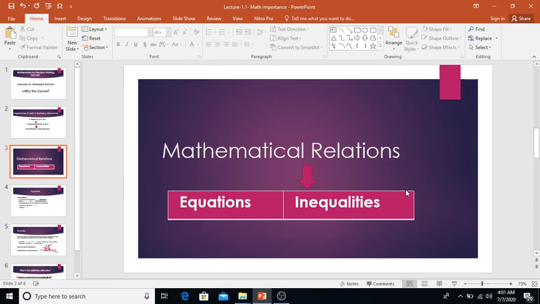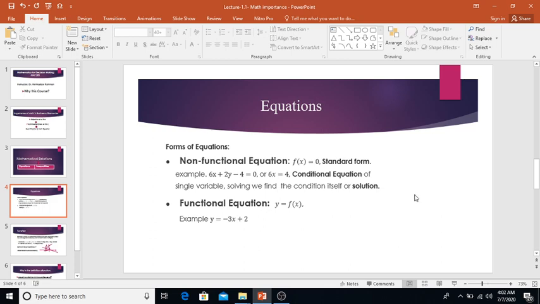So for this reason, we will study mathematical relations so that we can relate different business objects mathematically. Mathematical relations as equations and inequalities. In this lecture, we will focus on mathematical equations.